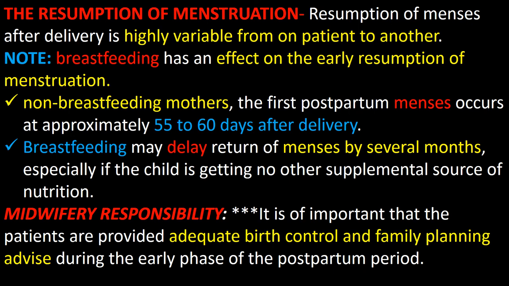You have to give adequate birth control and family planning advice to the mother and the father, especially during the early postpartum period. Bakit? Because especially for patients who are not breastfeeding, within the first 3 months, babalik na naman yung mens niya, and when they have contact with the husband, maaaring mabuntis ulit yung nanay.